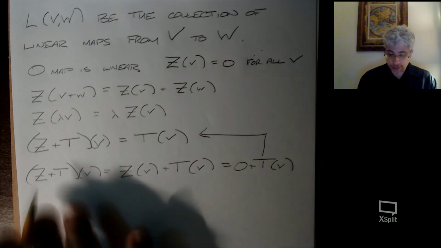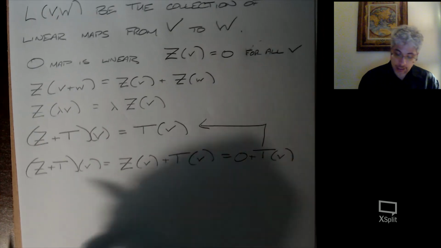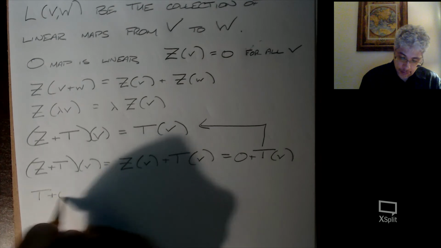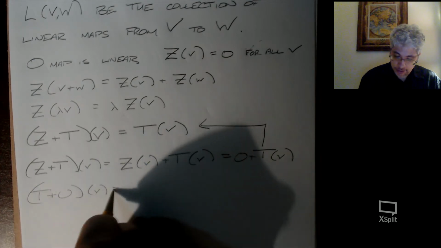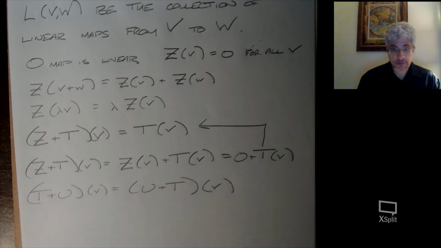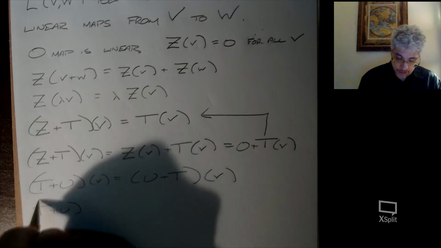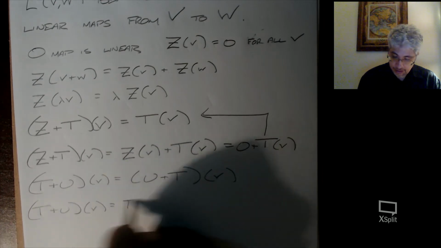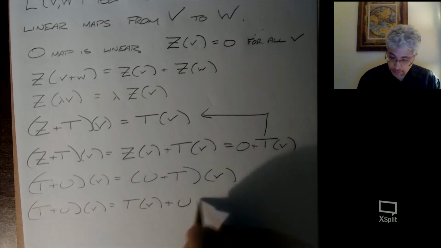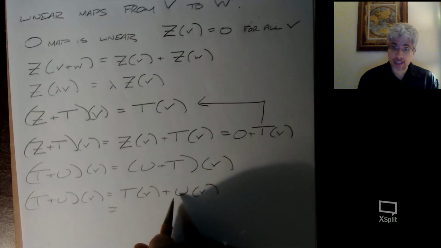Now, you might say, okay, you only did that on the left. Yeah, but I'm going to show commutativity now. If I have T plus U of V, that's equal to U plus T of V. And why is that? Well, that's because T plus U of V is equal to T of V plus U of V. But this addition here, where does that take place?